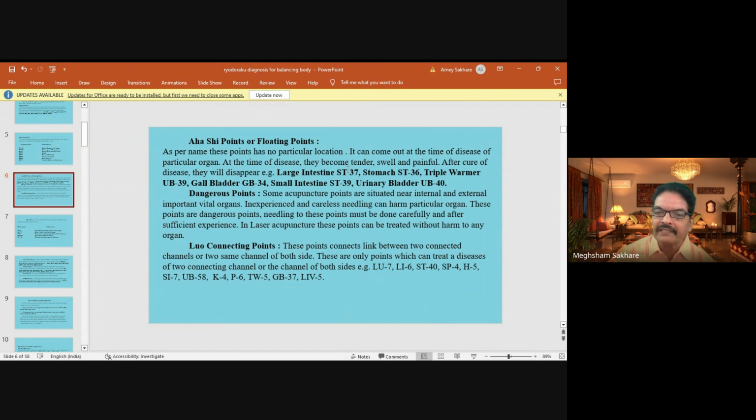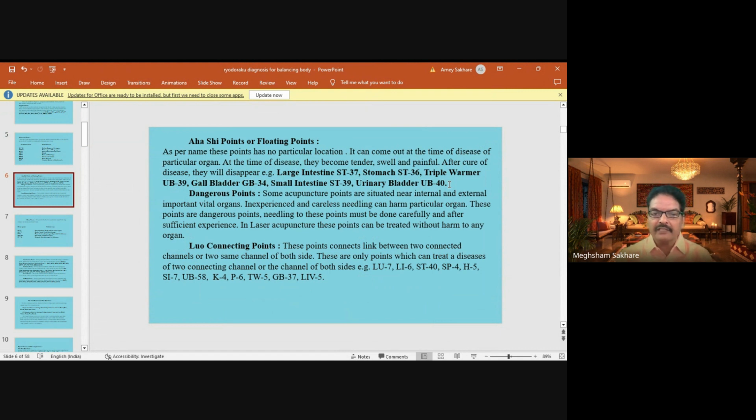For large intestine, stomach 37; for stomach, stomach 36; for triple warmer, UB39; for gallbladder, GB34; for small intestine, stomach 39; and for urinary bladder, UB40 are the Ashi points for those organs.